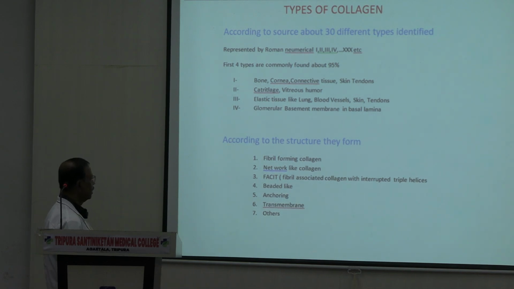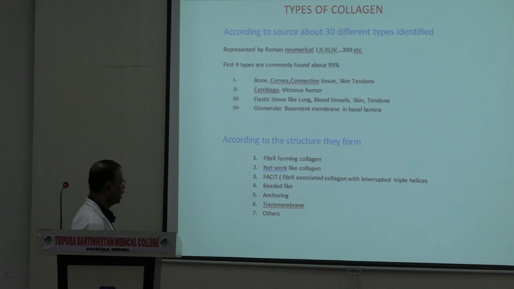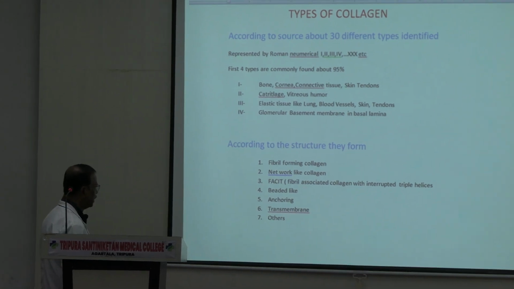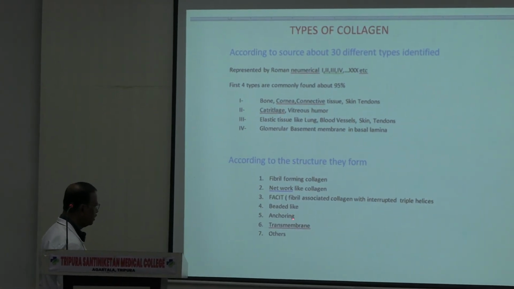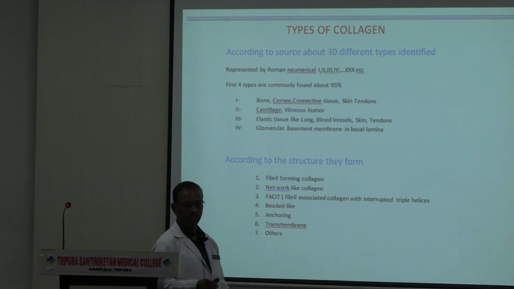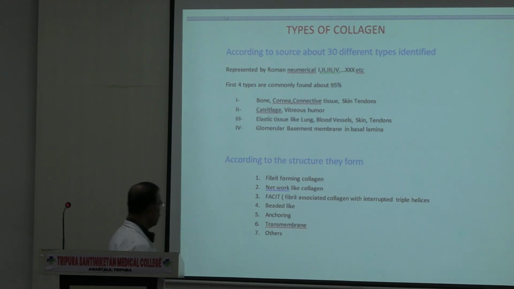According to the structure, they can be divided into 7 groups: fibril-forming, network-like collagen, fibril-associated collagen with interrupted triple helices, beaded-like, anchoring, transmembrane, and others. Just know the names.